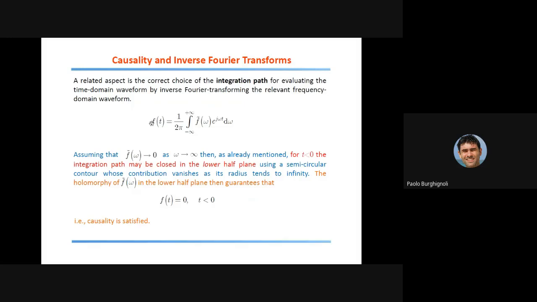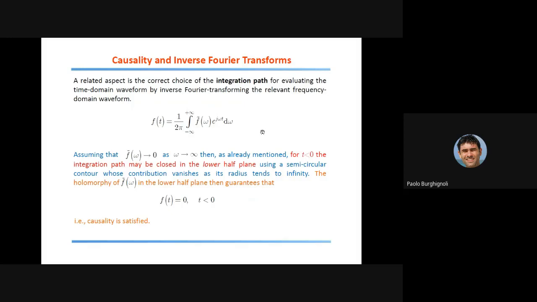Now, if the Fourier transform f tilde tends to 0 when omega tends to infinity, which is often the case, then when the time is negative, the integration path may be closed in the lower half plane. That is because the integrand there is exponentially decreasing to 0 at infinity, using the semicircular contour that we have already seen. And the contribution of this contour vanishes as its radius tends to infinity.